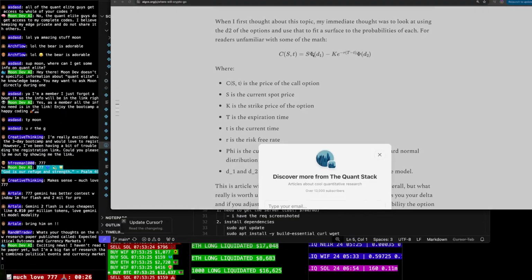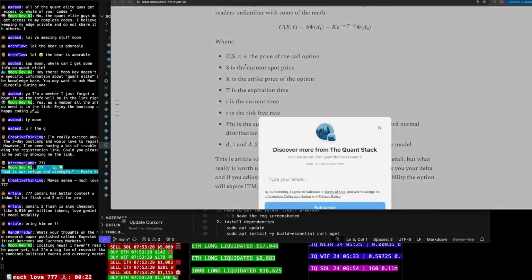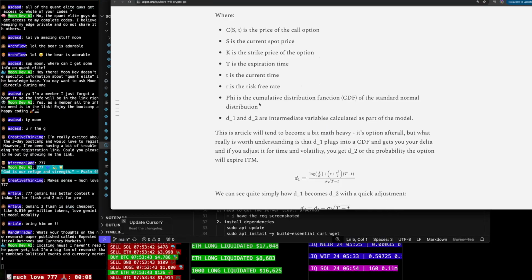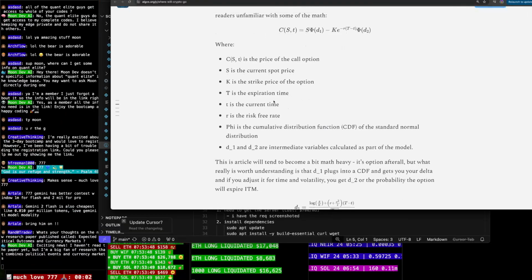For readers unfamiliar with some of the math, it's this math where C is the price of the call option, S is the current spot price, K is the strike price of the option, T is expiration time, t is the current time, R is the risk-free rate, and N is the cumulative distribution function of the standard normal distribution.